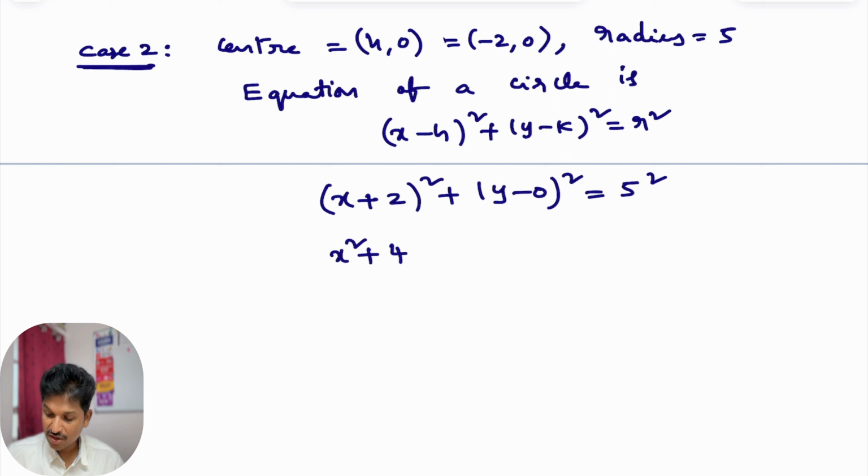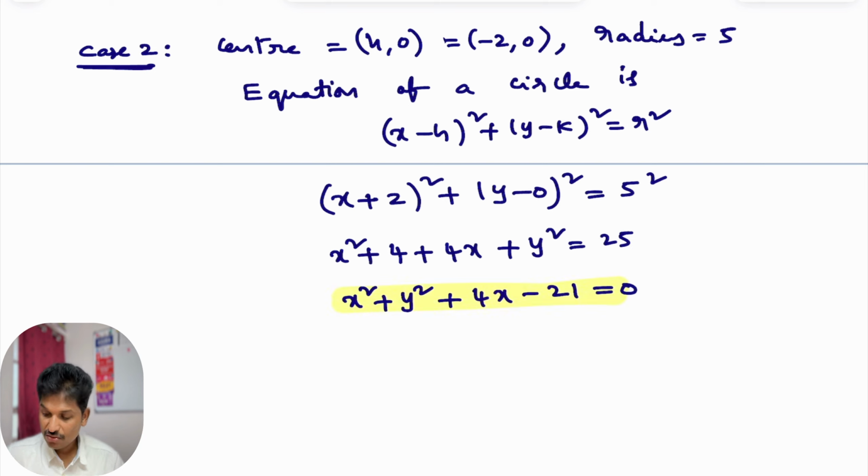What you will get? x square plus 4 plus 4x plus y square equal to 5 square, which is 25. Simplify this. x square plus y square plus 4x minus 21 equal to 0. So this is another circle equation whose center lies on x-axis, whose radius is 5 and the circle passes through the point 2, 3. I hope you understand this solution.